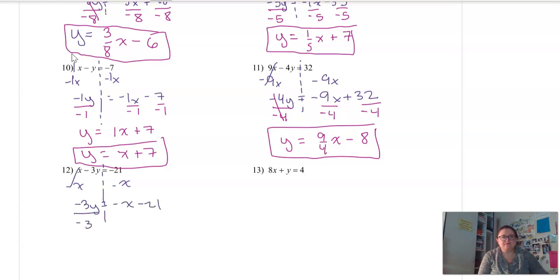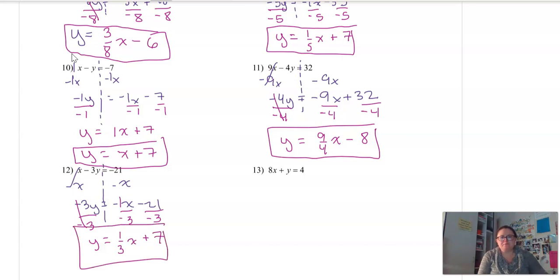Divide everything by negative 3. Y equals, negative divided by negative is positive. And I didn't put the 1 in front of the x here. You might want to put a 1 right here to remind yourself that that's negative 1 divided by negative 3, which is positive 1/3 x plus 7.